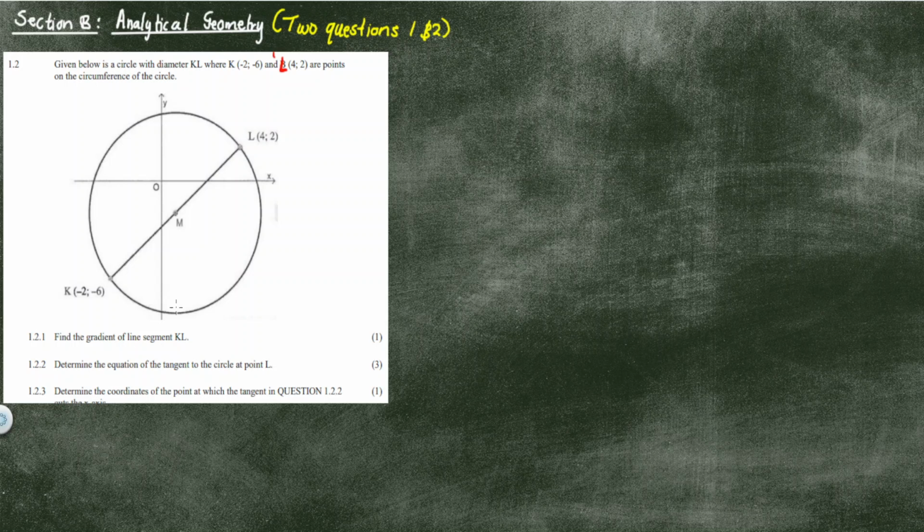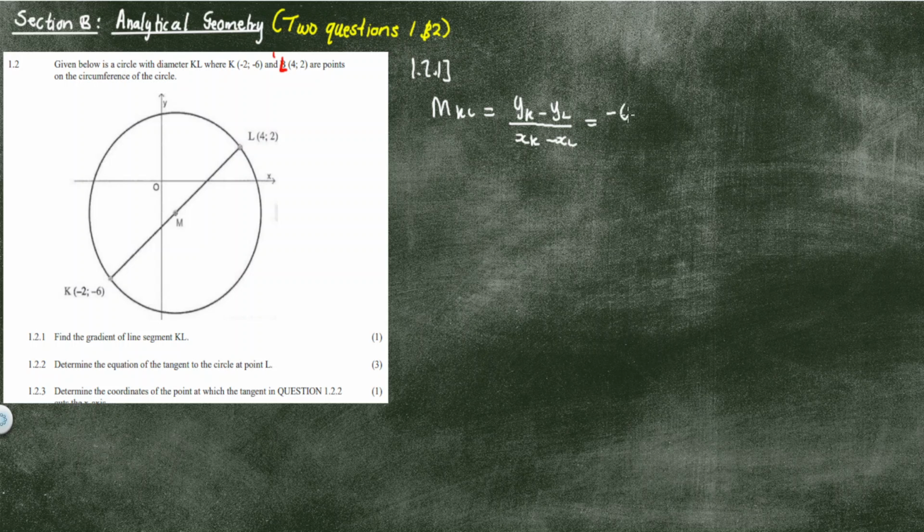Find the gradient. So we have to find the gradient between point K and L. So let's do that, 1.2.1. The gradient of KL is equal to YK minus YL over XK minus XL. So what is YK?